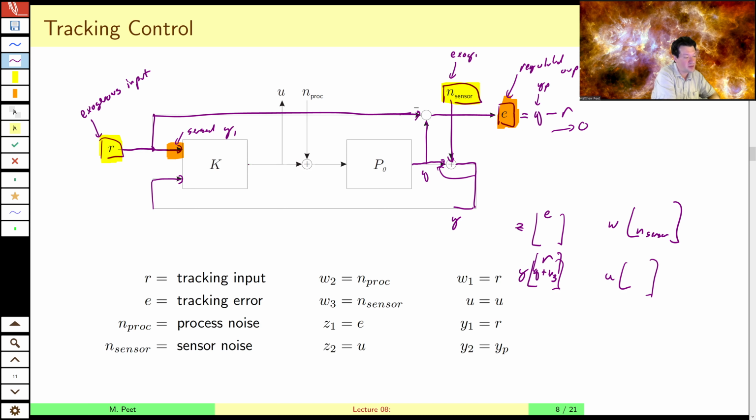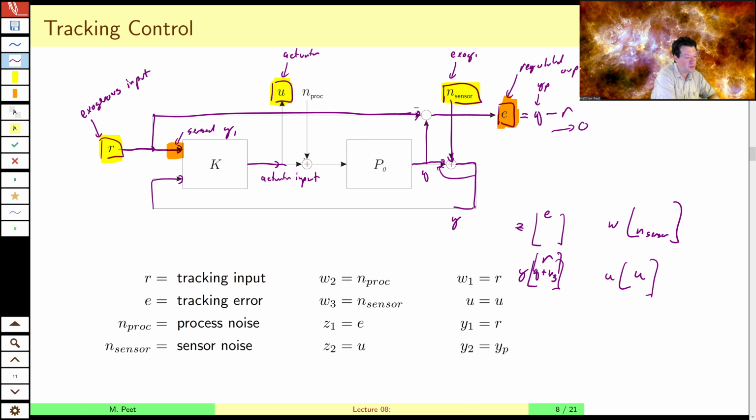Then, of course, as in the regulator case, we have a control signal, an actuator input, and that is U. That's what we're allowed to manipulate. So this is here, U. And so we'll write down U there without changing the letter.